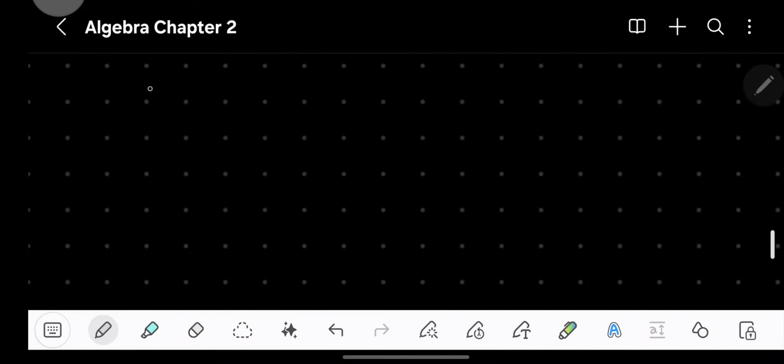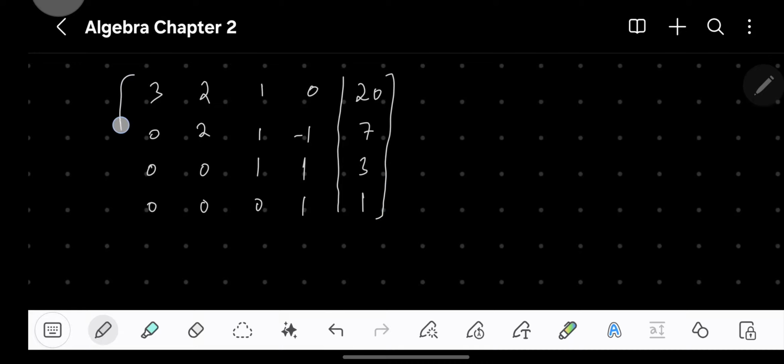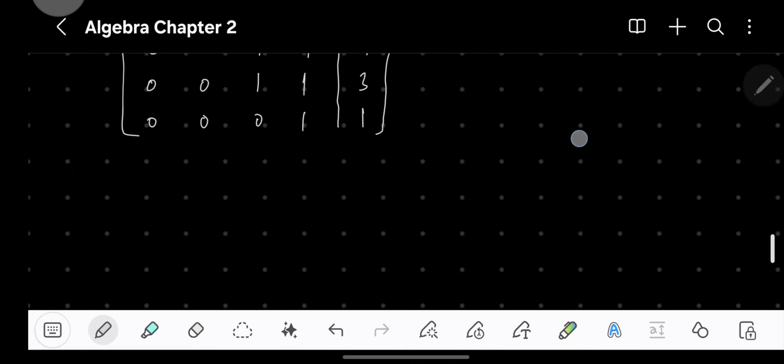So the augmented matrix is this way: 3, 0, 0, 0; 2, 2, 0, 0; 1, 1, 1, 0; and 0, minus 1, 1, 1; and the last column is 2, 7, 3, 1. And we have to solve this system.